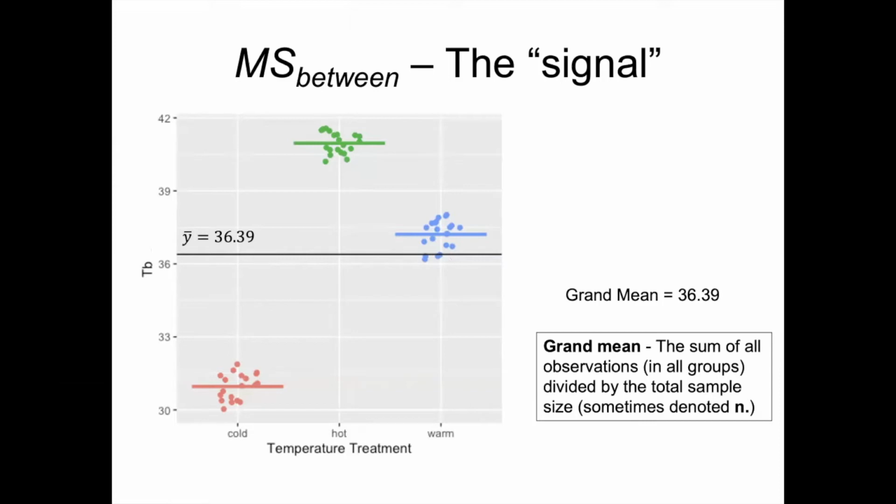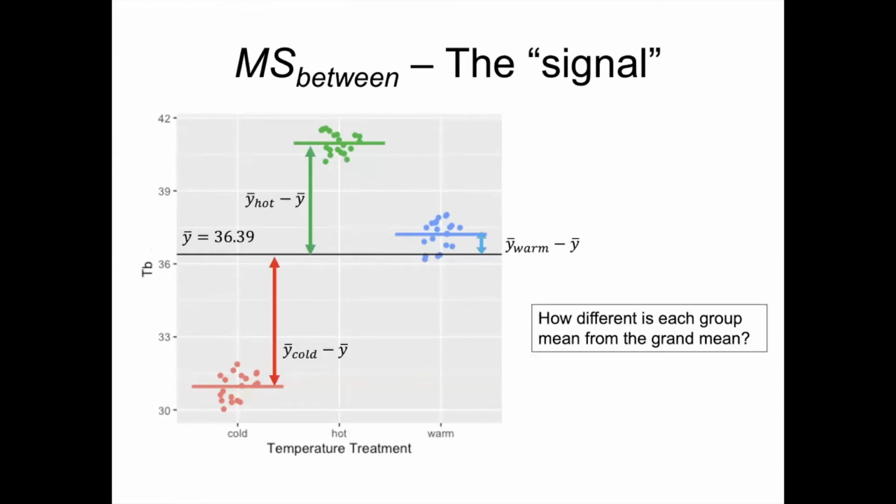So the mean square between then is a measurement of how different each of these sample means are from the grand mean. So the cold sample mean was much less than the grand mean. The hot sample mean was much higher than the grand mean. And so the mean square between is simply a measurement of how different each of these sample means are from the grand mean.